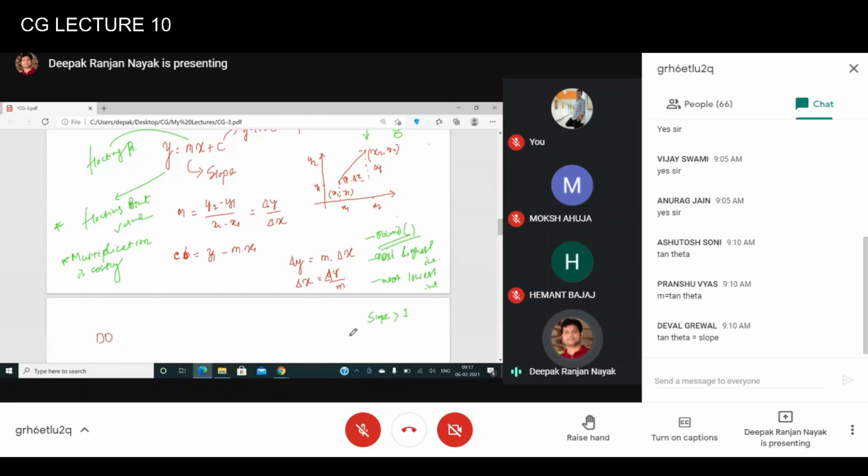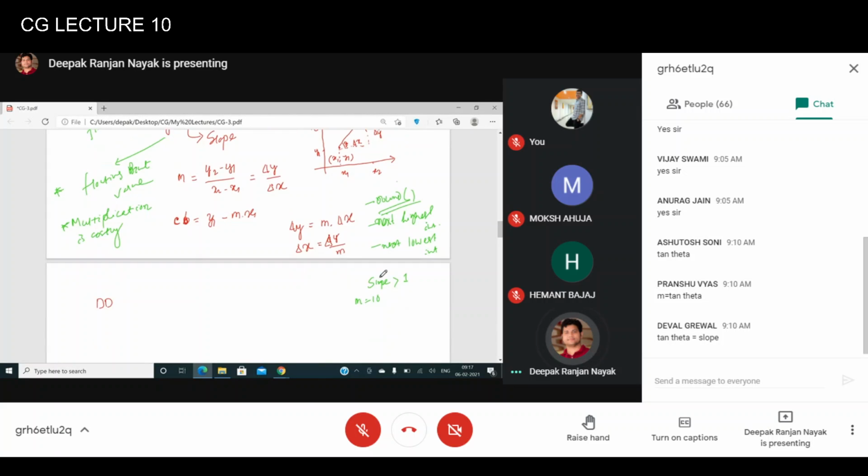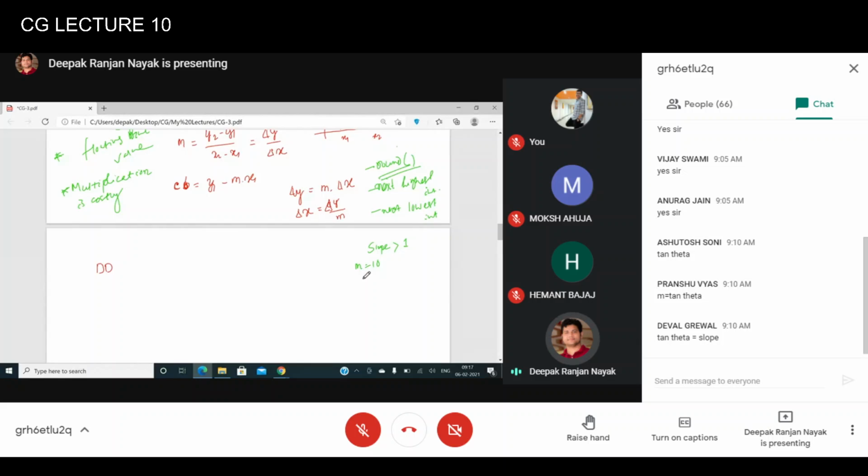Okay, so that means what? You can consider, let's say, my m value is 10. What does it mean? My slope is 10, so how will the equation look? y is equal to 10x plus, let's say, the y intercept is given as 2, which is nothing but the value c, right?